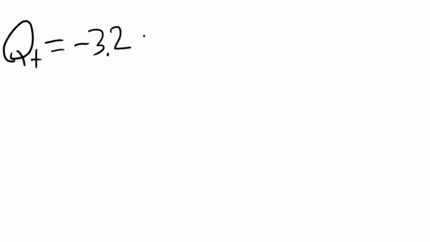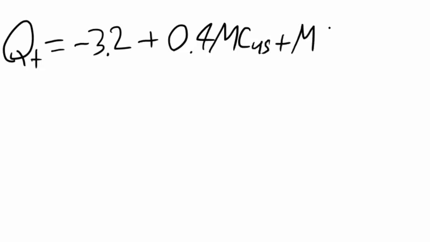So now that we have our two quantity functions, we can combine them via horizontal summation. So we have our quantity total equals negative 3.2 plus 0.4 times the marginal cost of the US plus the marginal cost of China minus 3.